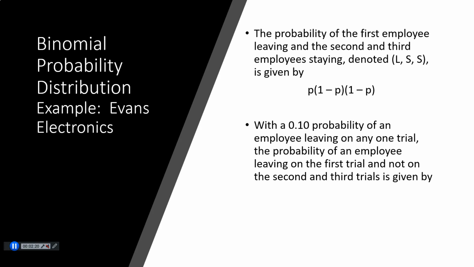So the probability that they leave multiplied by the probability that they stay times the probability that they stay. And so if we go to calculate that, the probability of that one individual occurrence is 0.081. So the probability of leaving, 0.10 raised to the 1, because there's only one occurrence of that, multiplied by 0.9, probability of staying, squared, because there are 2 occurrences of that.